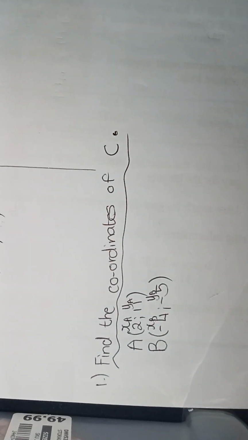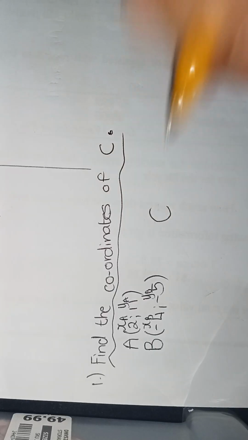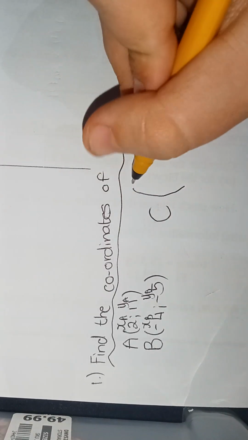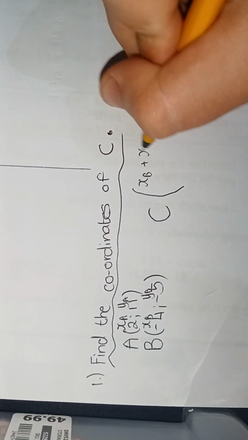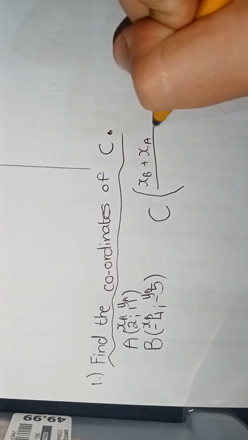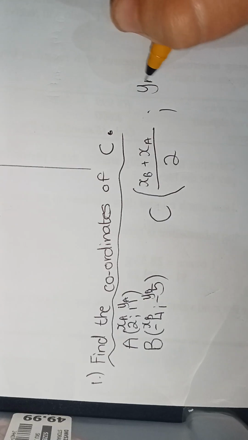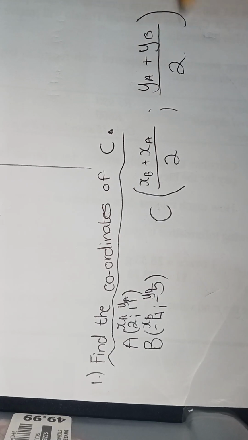Now let's write down the formula. They want point C, so you're going to use (XB plus XA) and (YA plus YB), each divided by 2.